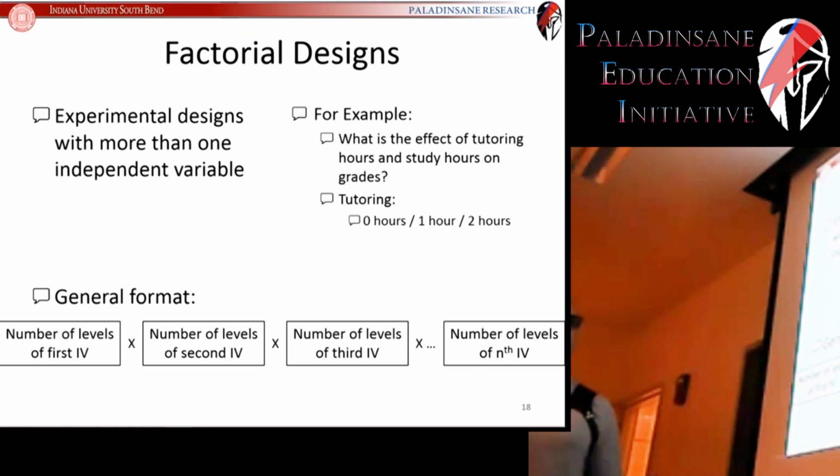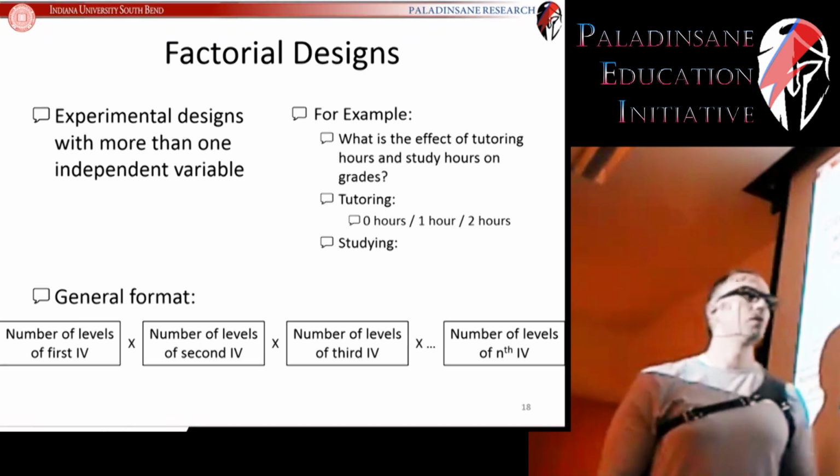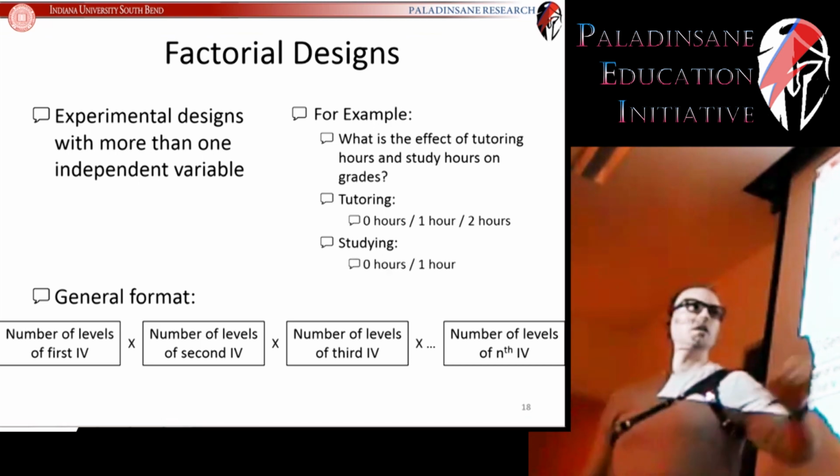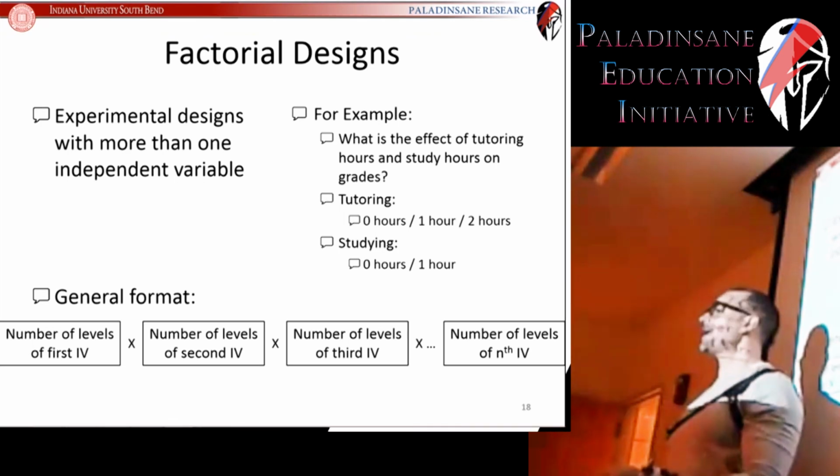That's one variable with 3 levels. You have a second variable, which is the amount of studying they do. Half of your subjects do 0 hours of studying. The other half do 1 hour of studying.